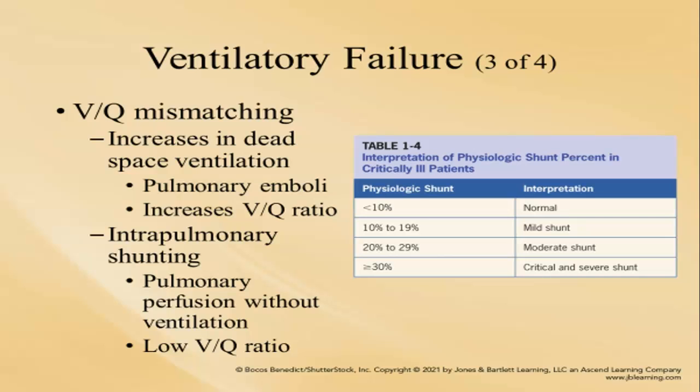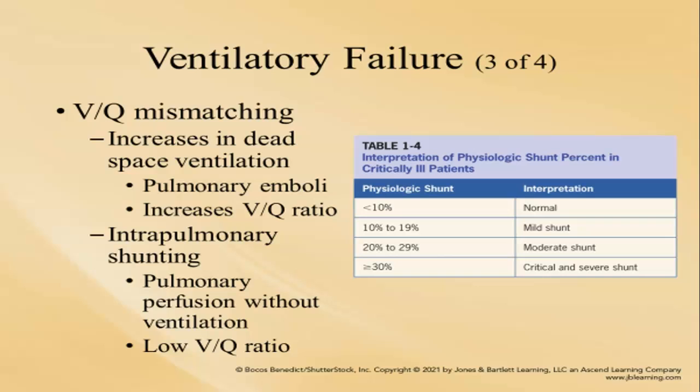Because that's what happens in our trachea. We have air in our trachea when we breathe, but it doesn't participate in gas exchange. So therefore we consider that it has no perfusion to it. And the disease that we know that can cause this is a pulmonary embolus, right?